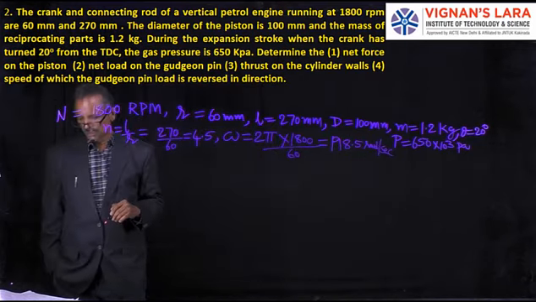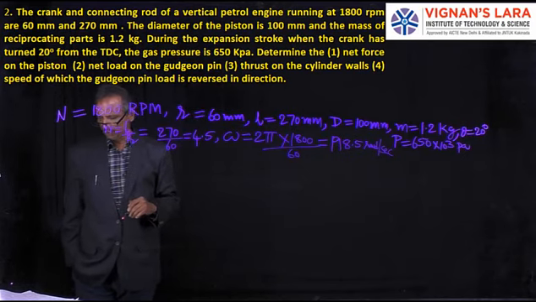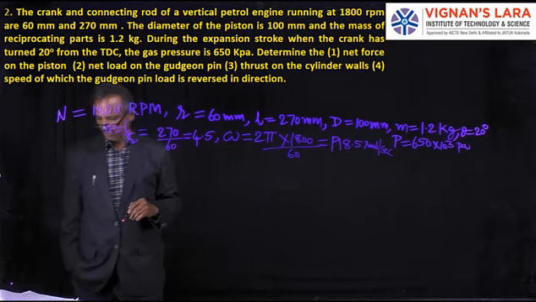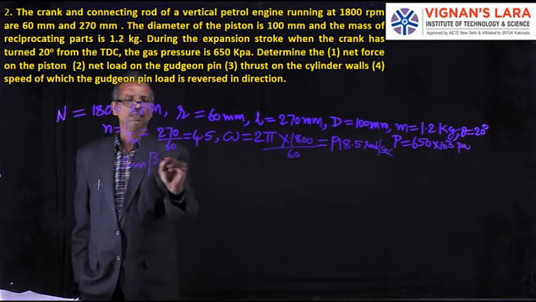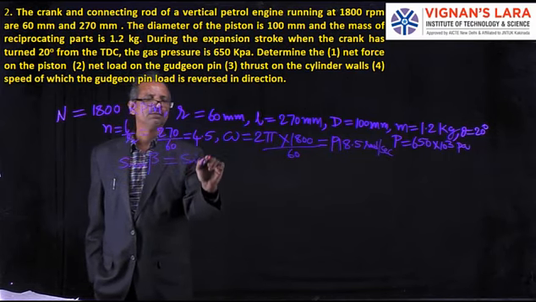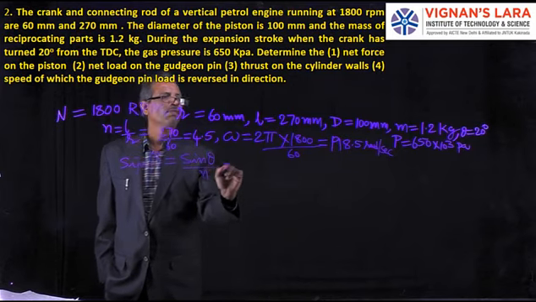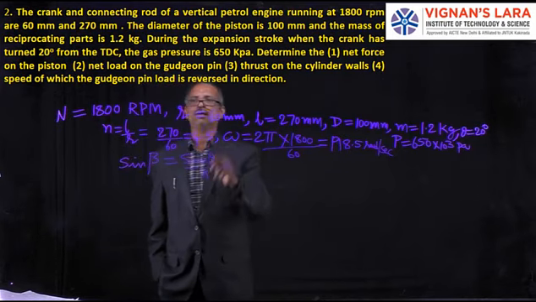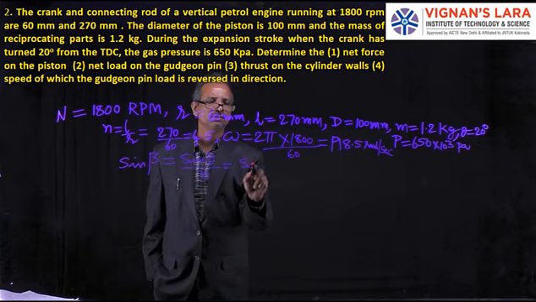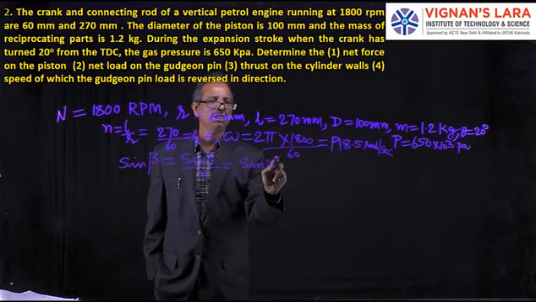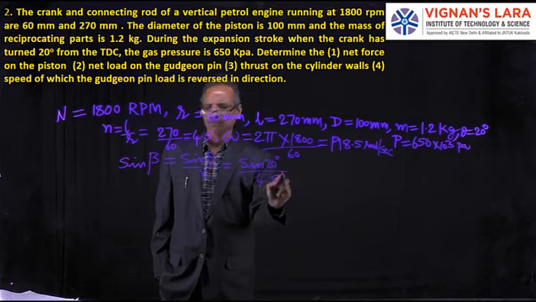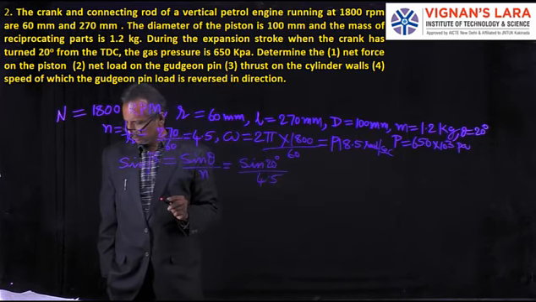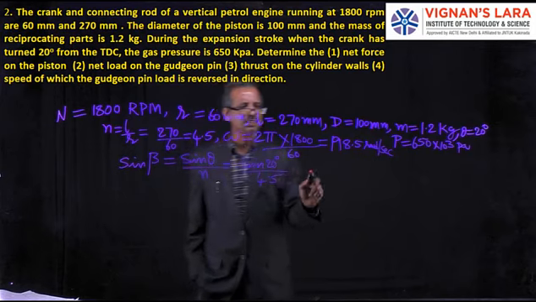Then theta is given, beta is to be evaluated. We know sin beta is sin theta by n, so sin 20 by 4.5, which gives 0.076.